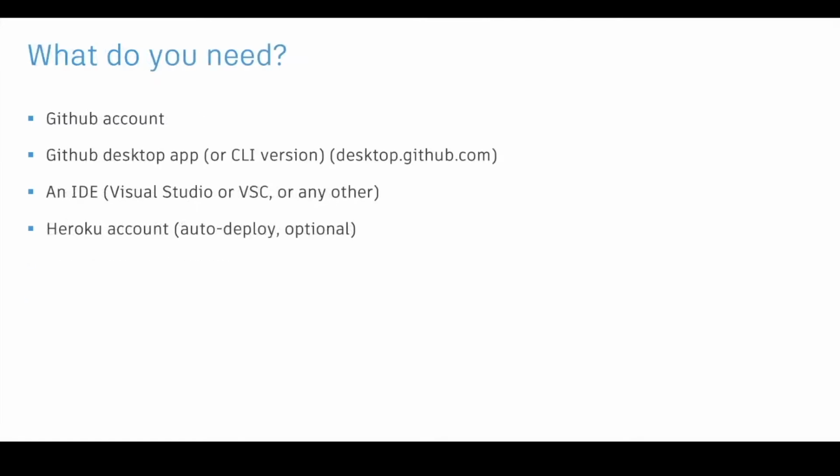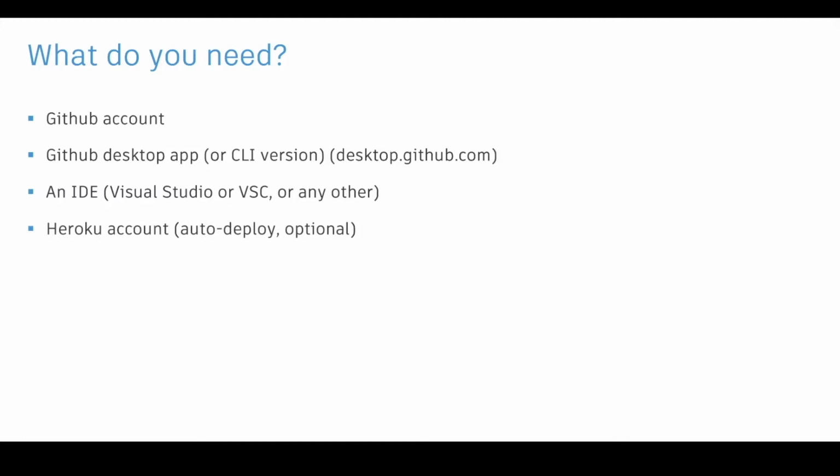What you need initially is a GitHub account. That is, well, it's straightforward to do. The free account allows us to have limited repositories with unlimited collaborators. Then we have the GitHub Desktop application, also free, that can be downloaded at desktop.github.com. There are people who prefer to use the command line directly to use Git.